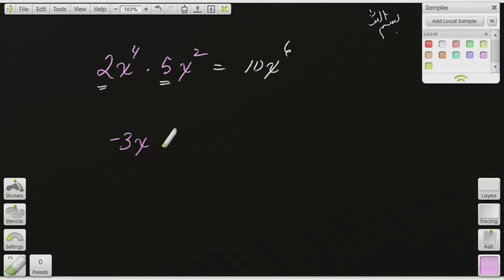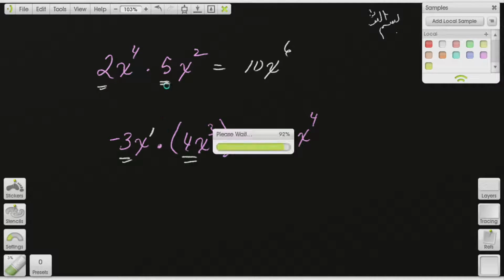Minus 3x times, this is a multiplication sign, or we can make the parentheses to be clear, 4x cubed. How about this one? Very good. So this is going to be negative 12x to the 4th. Correct? 3 times 4, that's negative 12. There's one of them here, and 3 of them here, so that's this. Negative 12x to the 4th.